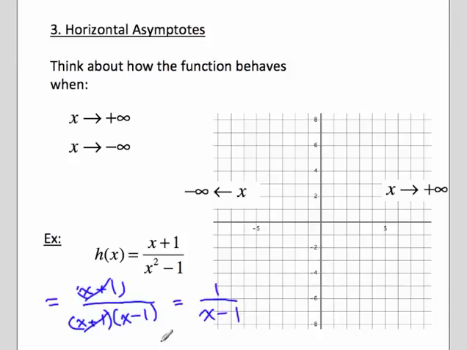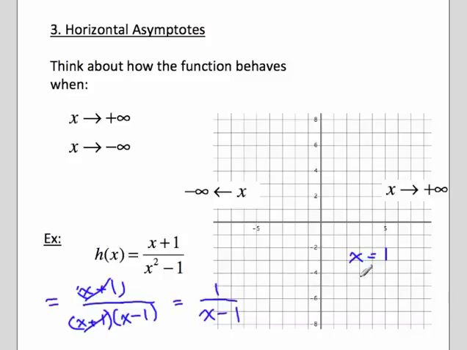Now, we know from what we've learned of restrictions that x cannot be equal to negative 1 and x cannot be equal to positive 1. Those would both be restrictions on the function. Now, what's happening when x is equal to positive 1? When x is equal to positive 1, the denominator only becomes 0.